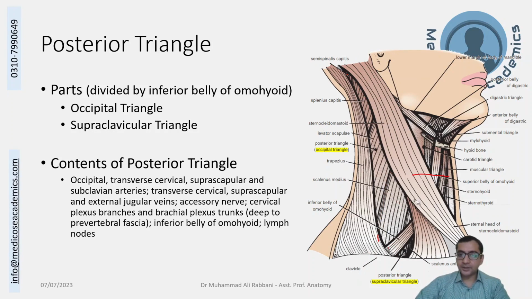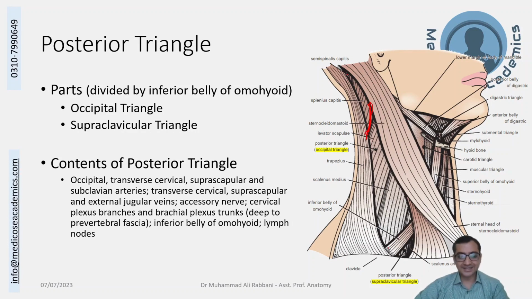Then there is another important nerve that supplies the two major muscles here, the sternocleidomastoid in front and trapezius at the back. There is a nerve that moves like this: it emerges from the sternocleidomastoid, goes to the back and inserts into the trapezius.